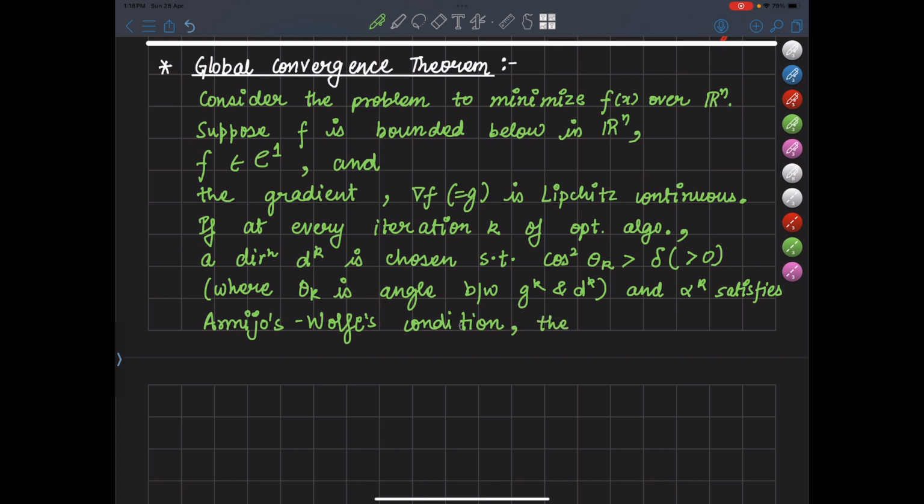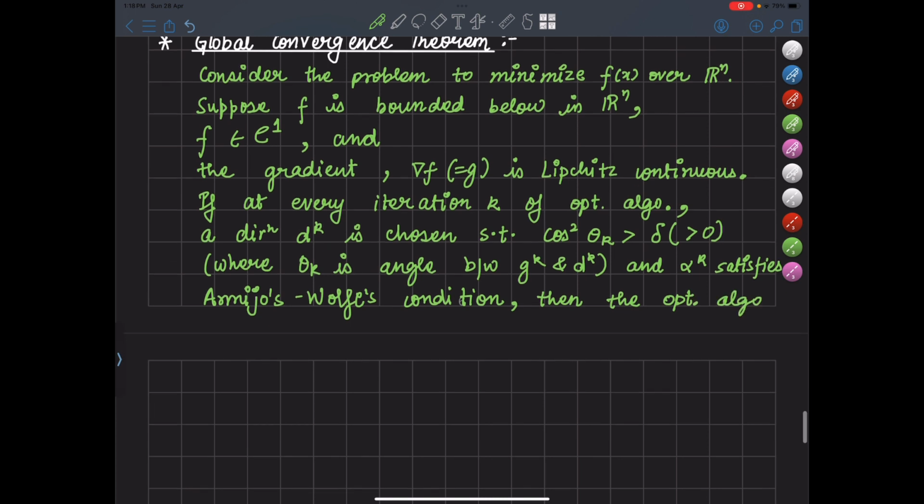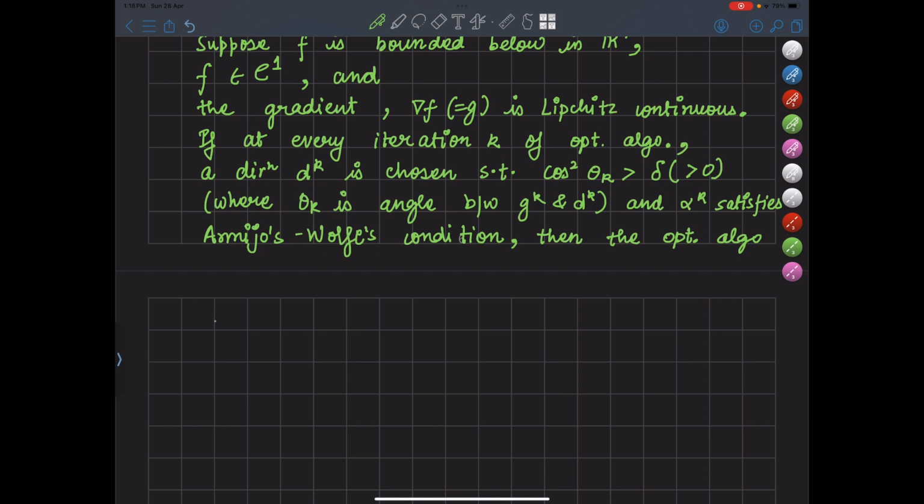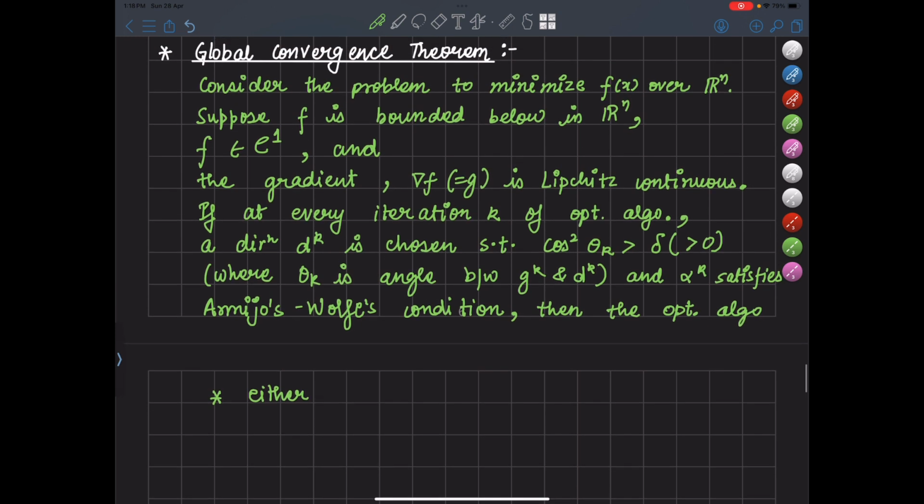Then the optimization algorithm either terminates in finite steps or the limit of k tending to infinity of the gk norm goes to 0.